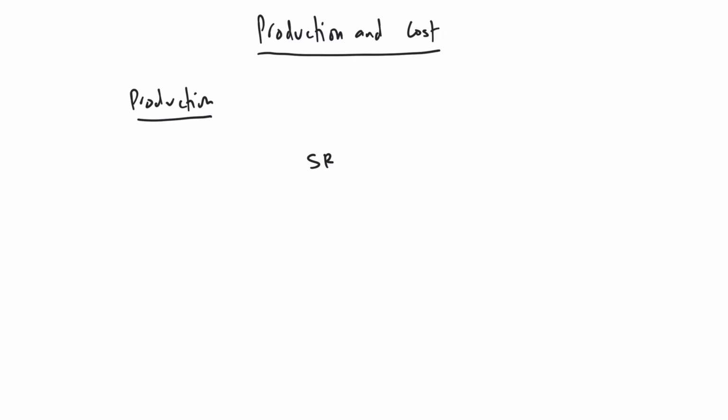So when you look at short run versus long run, short run is basically when at least one factor of production is fixed. What do you mean by fixed factor of production?